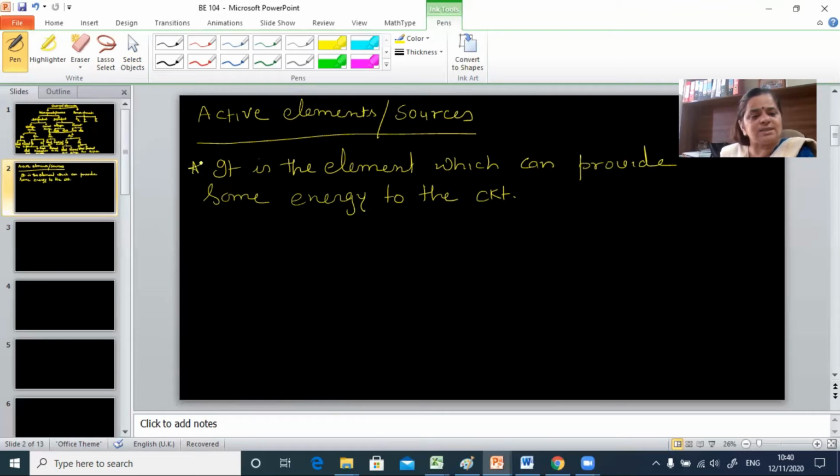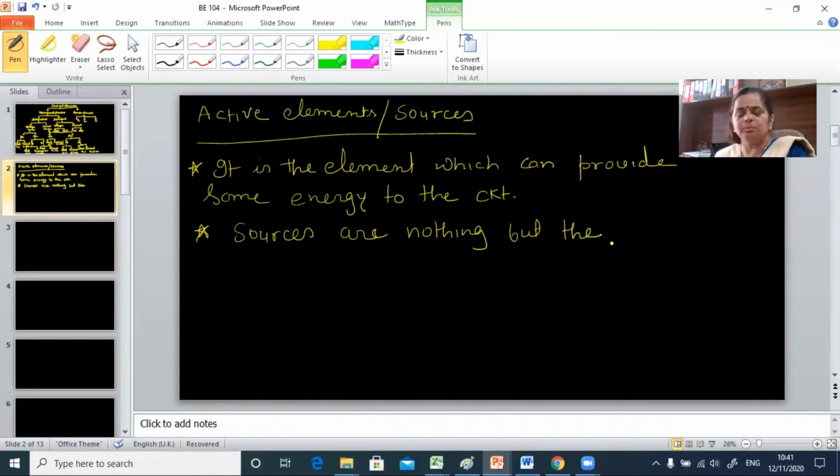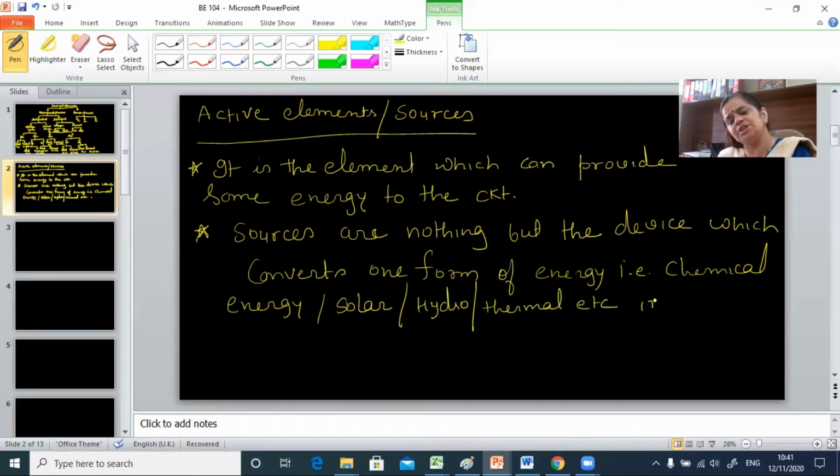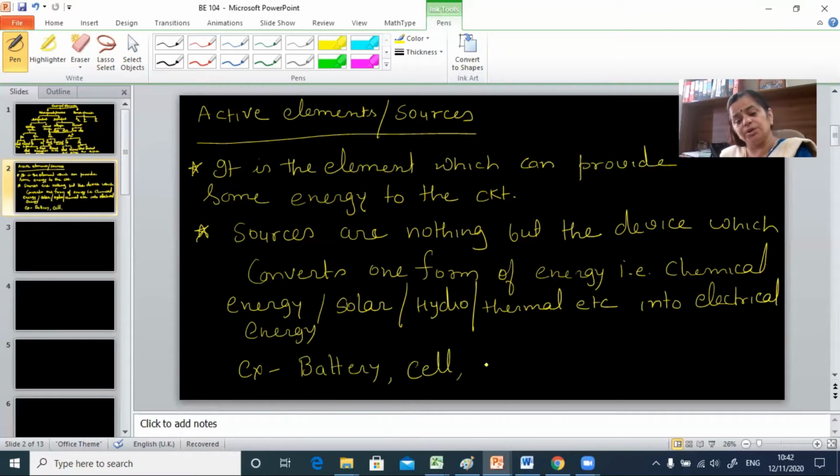Another way of defining sources is that they are devices which convert one form of energy, such as chemical, solar, hydro, or thermal, into electrical energy. For example, your battery, your cell, and your diesel generators are all examples of active elements.